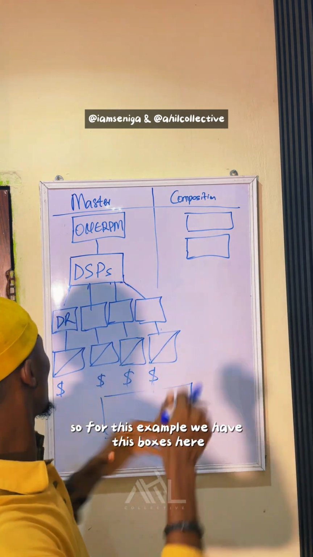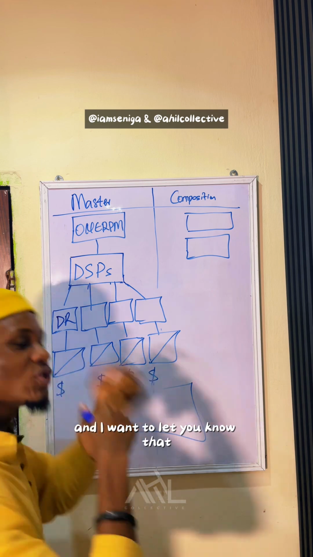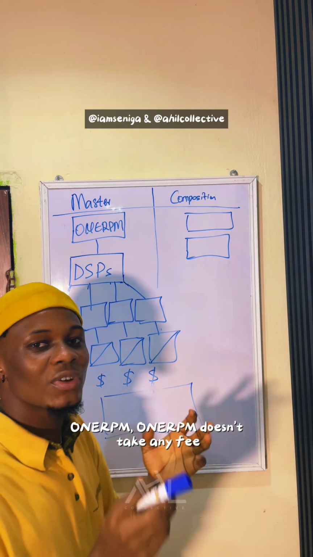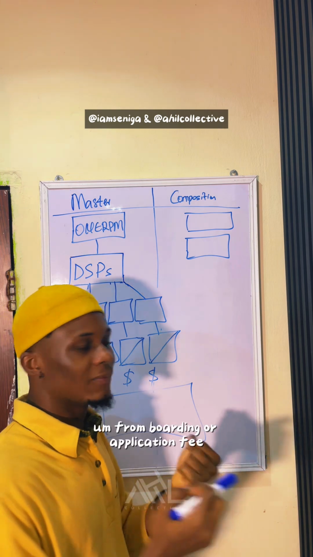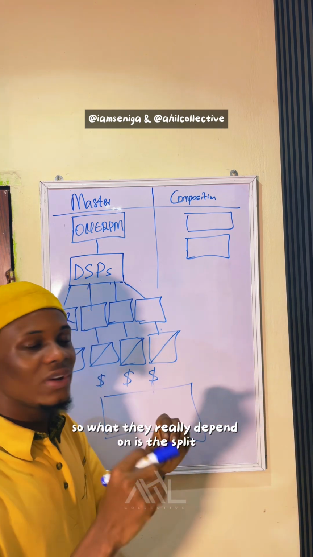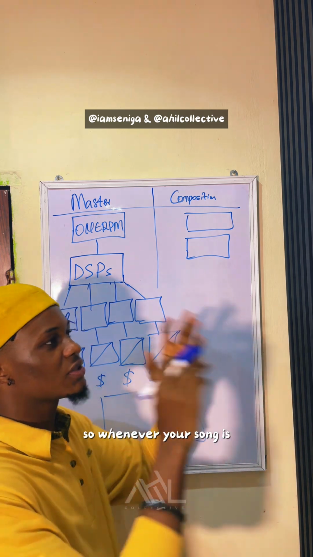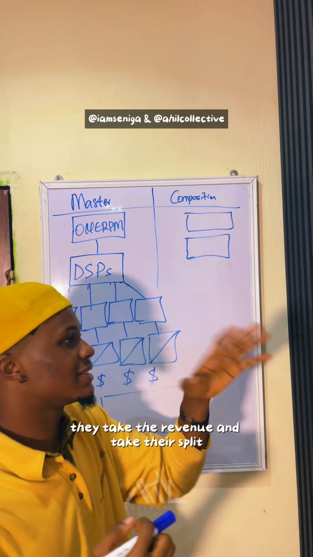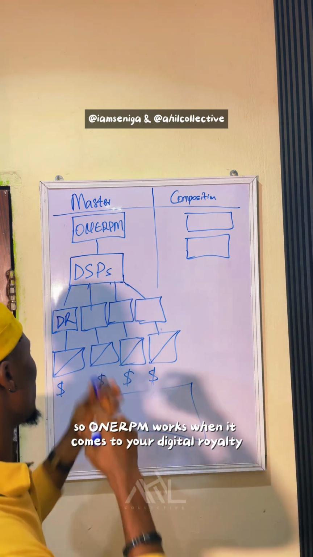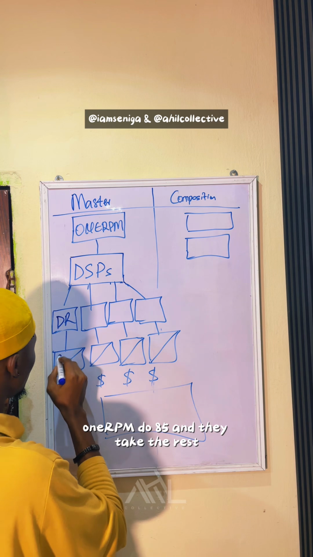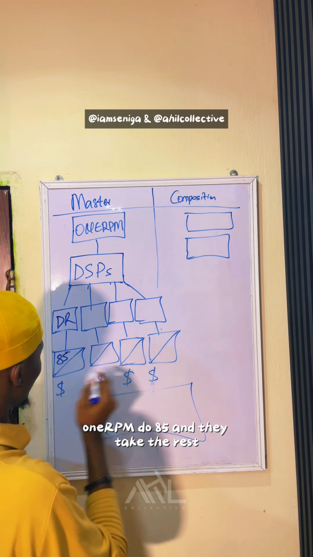For this example, we have these boxes here, and I want to let you know that whenever you distribute with 1 RPM, 1 RPM doesn't take any onboarding or application fee. They are actually free. What they really depend on is the split. Whenever your song is being streamed online, they take the revenue and take their split. When it comes to your digital royalty, 1 RPM does 85 and they take the rest.